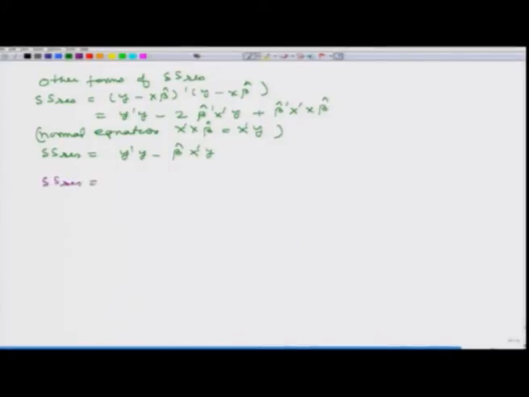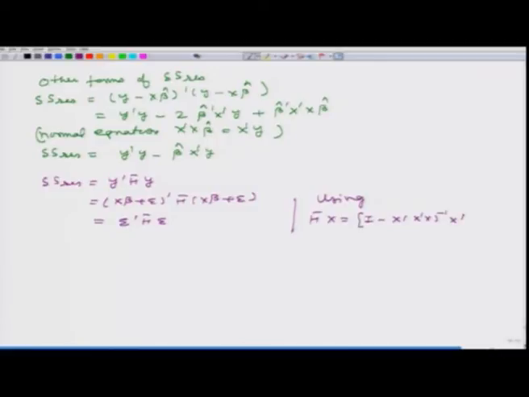Similarly, there is another form. SS residual was obtained earlier as y transpose h bar y, and y is nothing but x beta plus epsilon, so it is x beta plus epsilon whole transpose h bar times x beta plus epsilon. And if I try to open it, this will come out to be epsilon transpose h bar epsilon. And here actually we have used a result that h bar x, this is nothing but I minus x times x transpose x whole inverse x transpose times x, and this is nothing but x minus x times x transpose x whole inverse x transpose x.